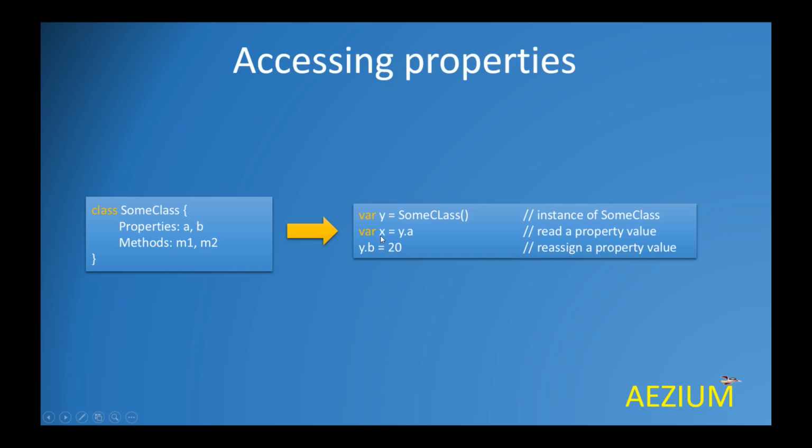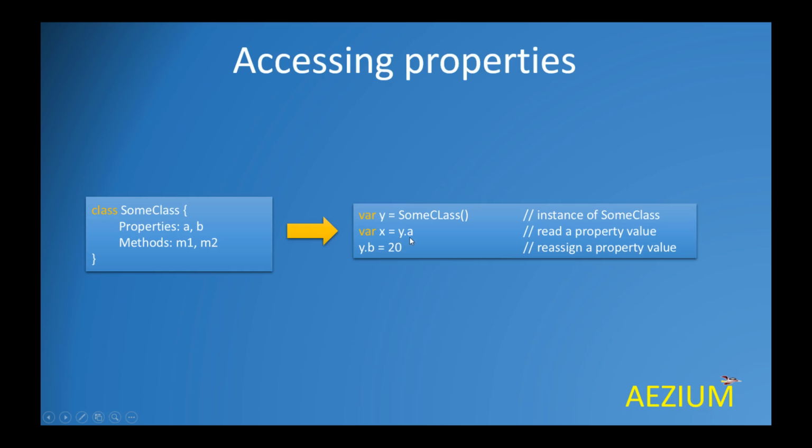Now, if we want to access the property A of this parameter y, this is the format we use. The name of the parameter followed by a dot, and followed by the name of the property.